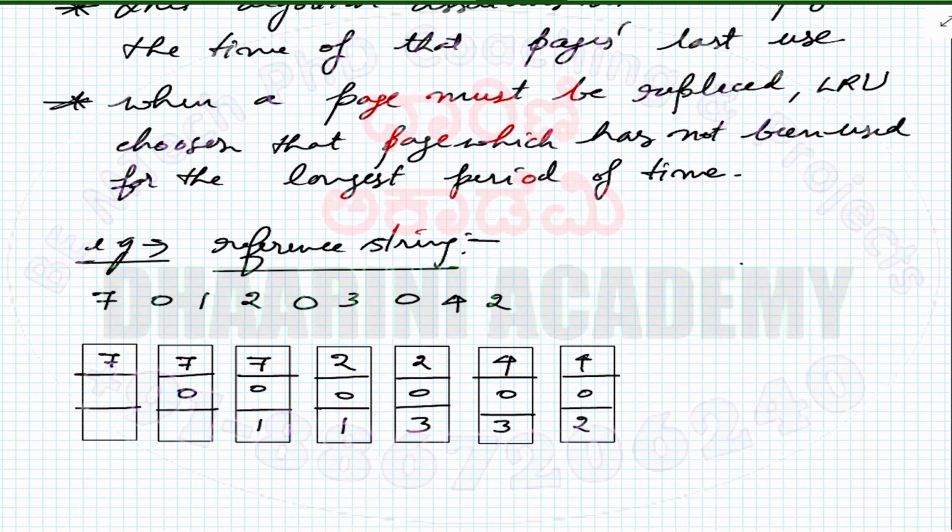Now this is quite different from what we saw in the previous example, right? Previously it was first in first out. You were not going to look at which position it is, how long it is present, and whether it has been used or not, we don't check. But in this case, the least recently used one will get replaced.